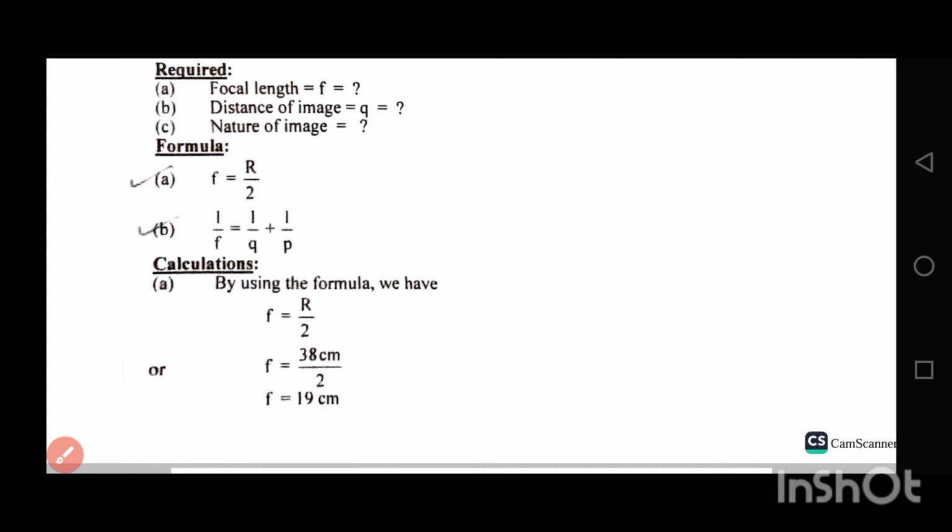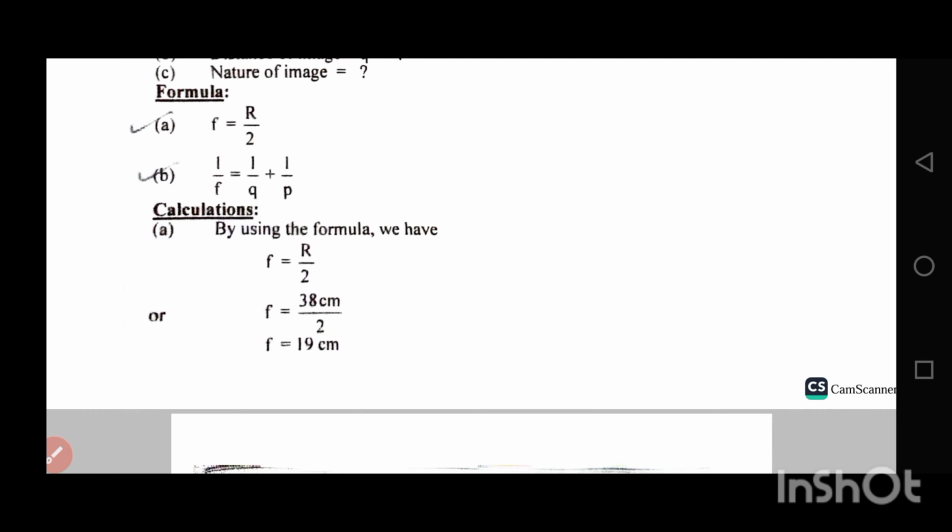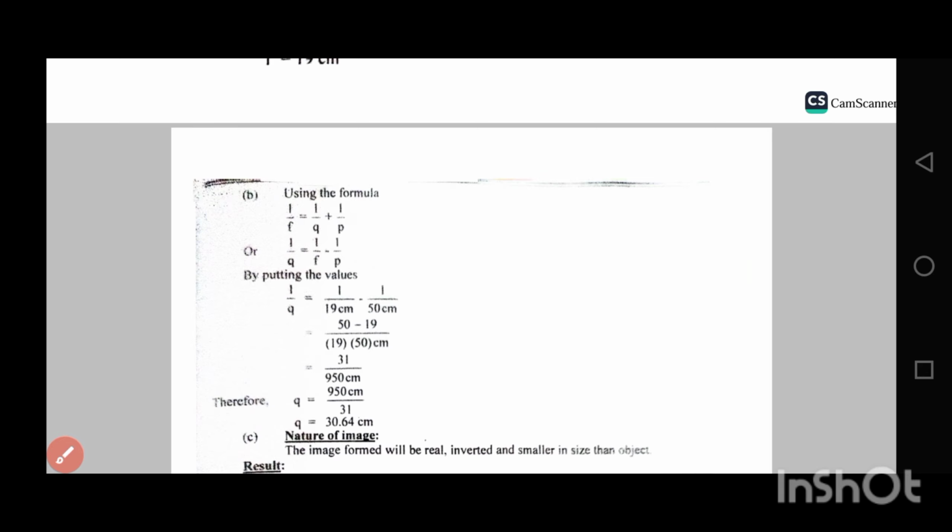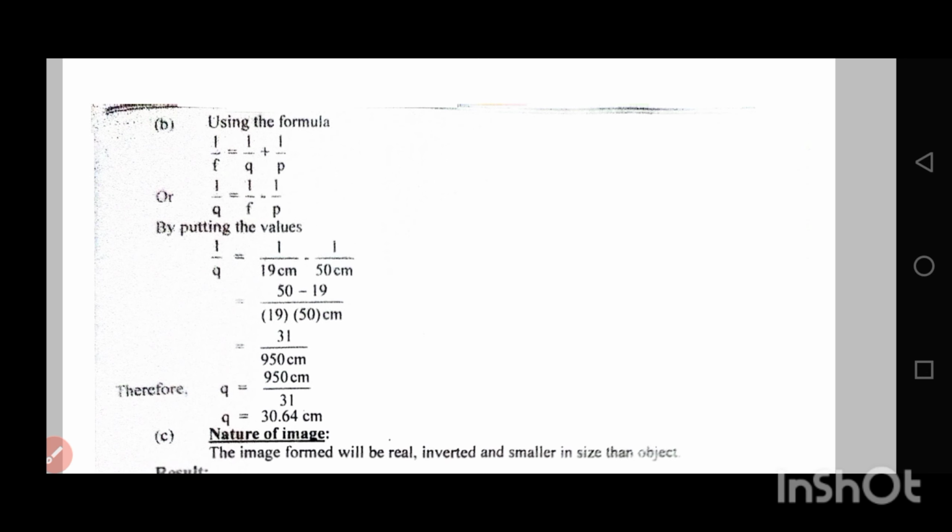So first we calculate the focal length, that is f is equal to r over 2. After putting the values we get the focal length, that is 19 cm. Next we calculate the distance of image from the mirror.